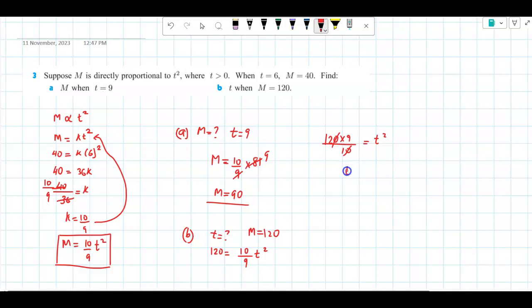T square is equal to 9 times 12, 12 9s are 108. T is equal to root of 108. Work it out. Six root 3. 10.4.